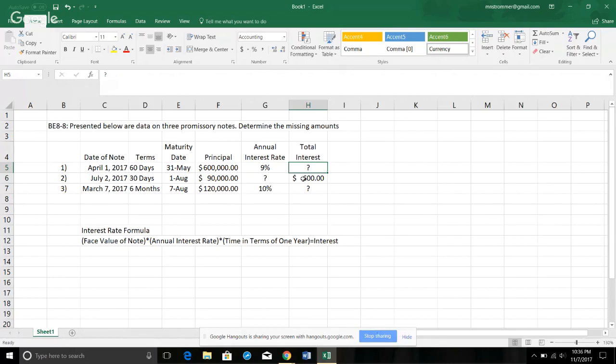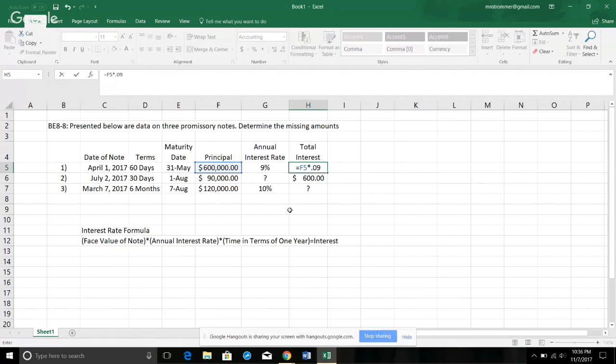And then that will equal our interest. So for this first one, we'll hit equal, and we will go face value of note, so the principal, 600,000 times the annual interest rate, which is 9%, so we'll just go 0.09 here.